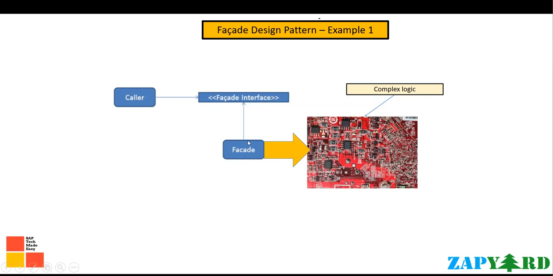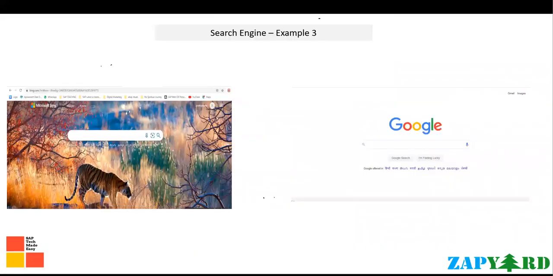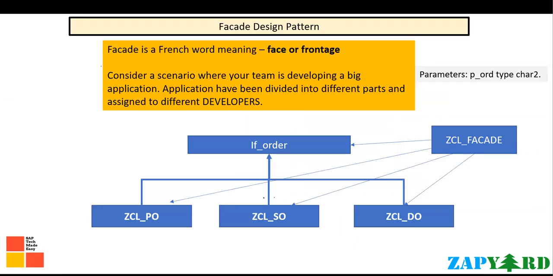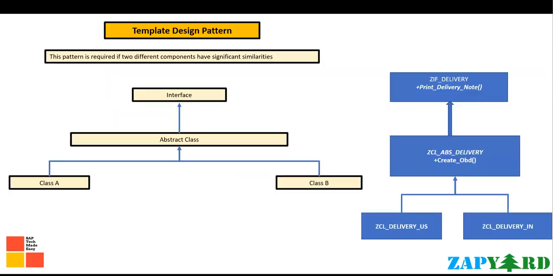This facade class we give to the end developer, the caller, and they start using it. We have seen a couple of real-time examples, and then I gave you one assignment also for you to complete.